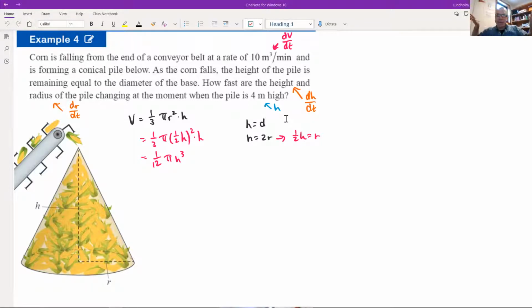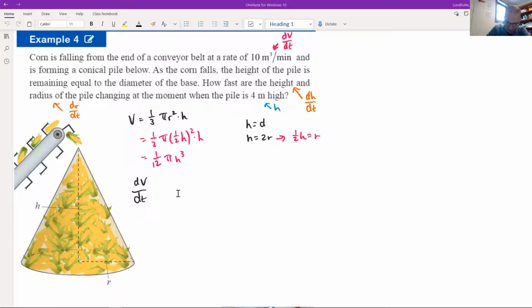No derivatives have been taken yet. We just got this into a one variable equation on the right hand side rather than a product rule. Okay, now let's go back into taking a derivative with respect to t.